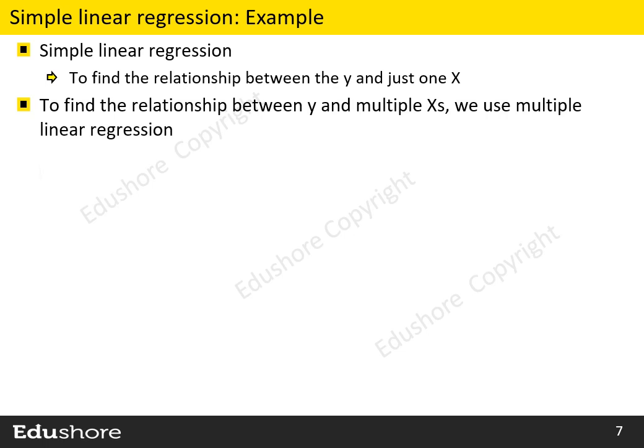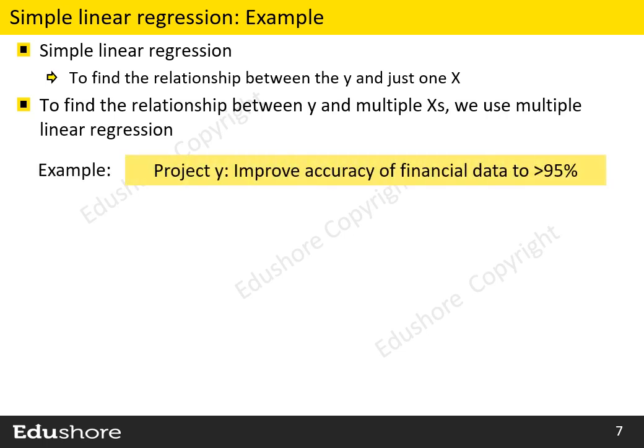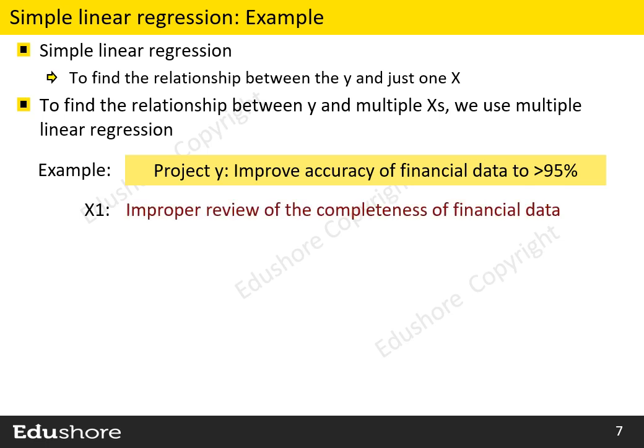Let's say our Project Y is improve accuracy of financial data to a minimum of 95%. During the Analyze phase of the project, we found out that one of the root causes is improper review of the completeness of financial data.